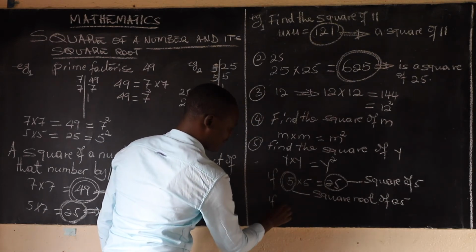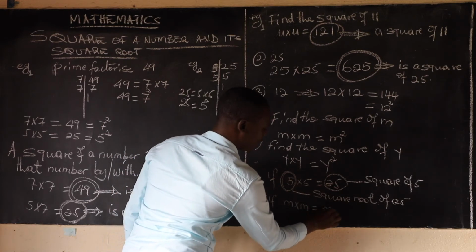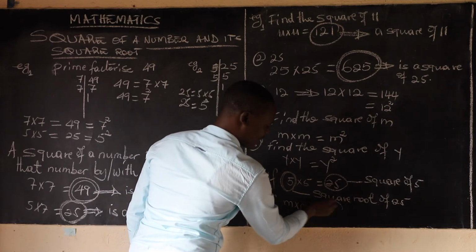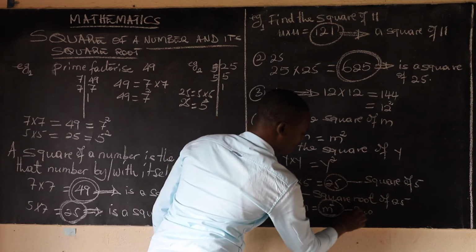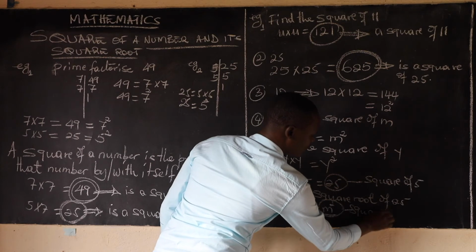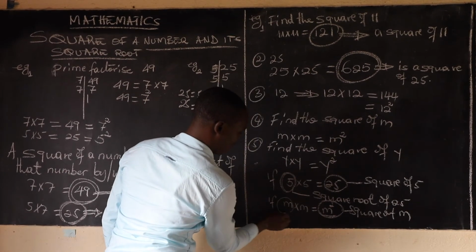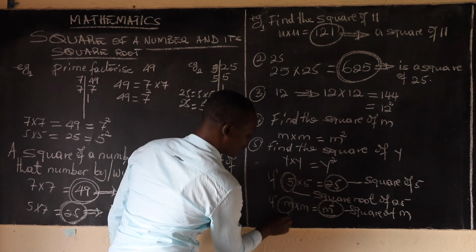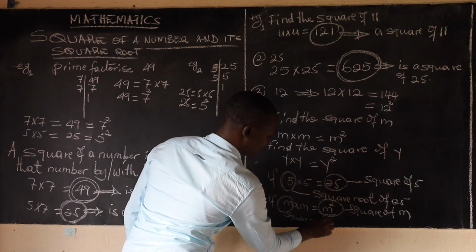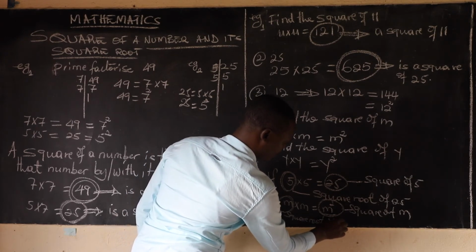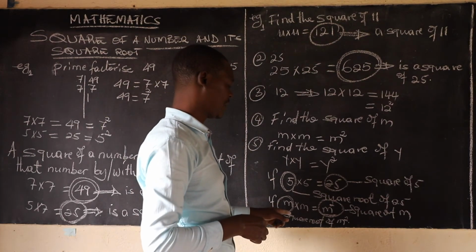If I have my M times M, which gives M squared, this is a square of M. This is to mean that our M is a square root of M squared. Can you see this?